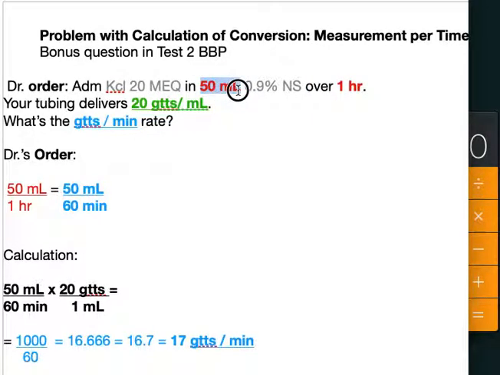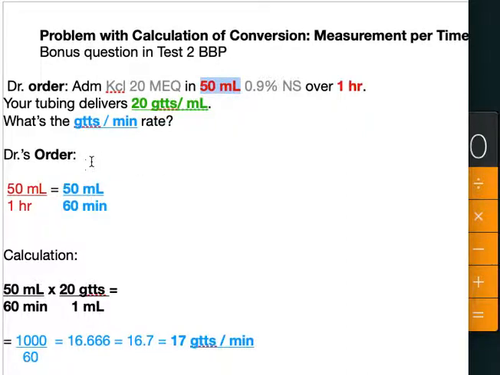We're looking for amounts: drops, the volume, and the time. In 1 hour, the patient needs to take 50 milliliters of this medication. So in 1 hour, he needs to consume 50 milliliters.